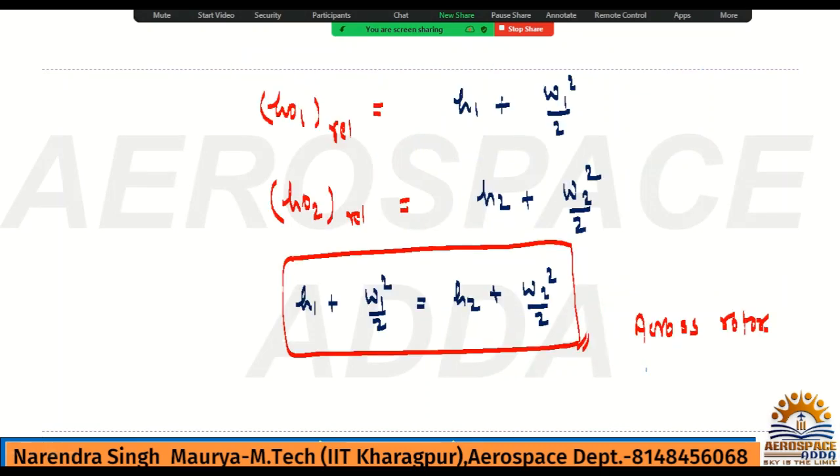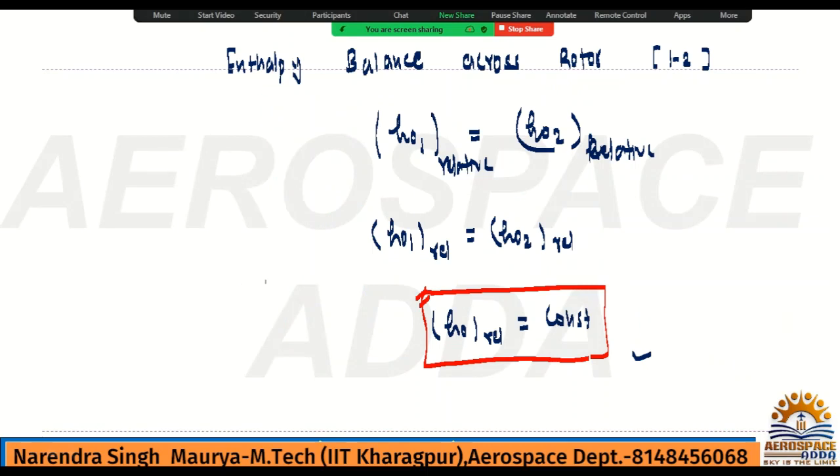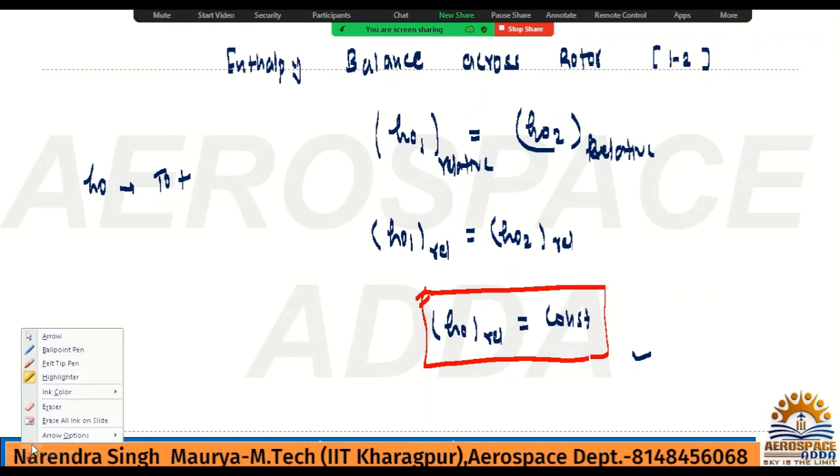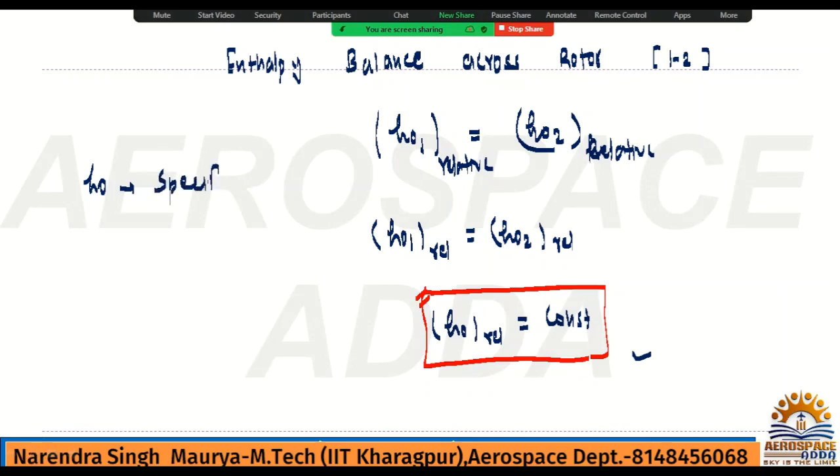Remember, I am saying total enthalpy. These are the total enthalpies. H0 is the total specific enthalpy, related to stagnation.